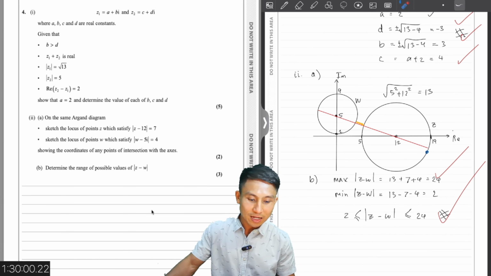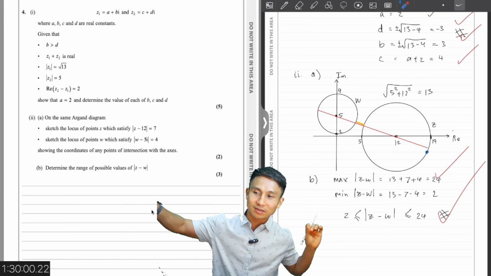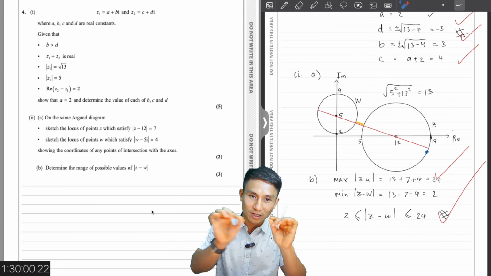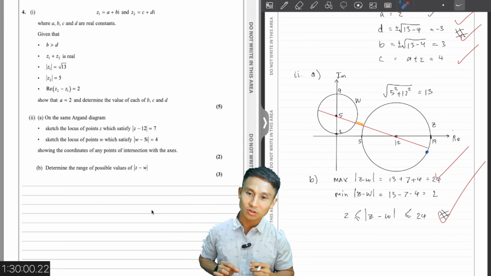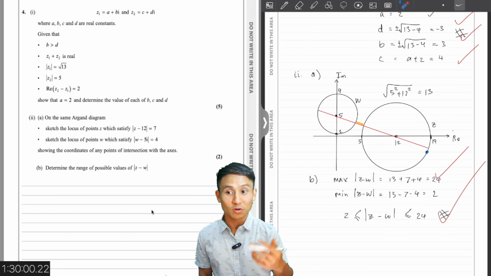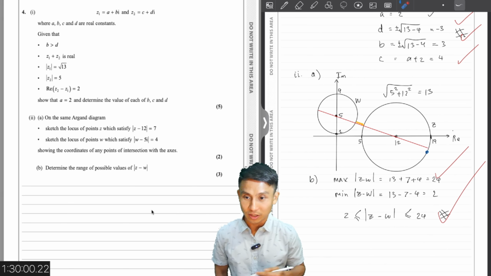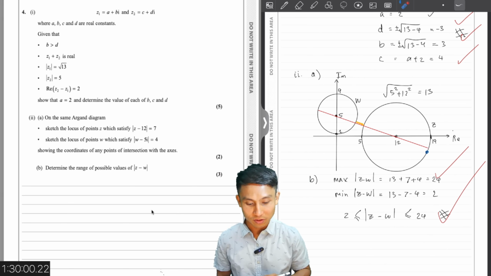Now the point here is that you need to understand about the two circles here. The furthest distance and the closest distance between 2 points on both circles appeared before, last year, in Pure Math paper 2, I think. I remember that because I walked through it already. If you haven't seen that, you can go check.